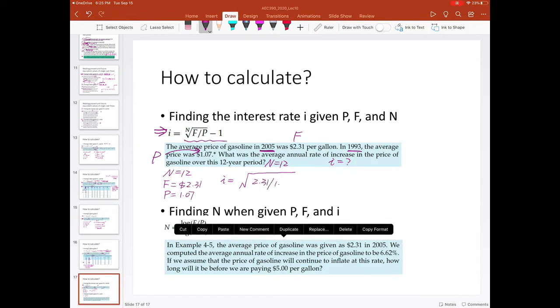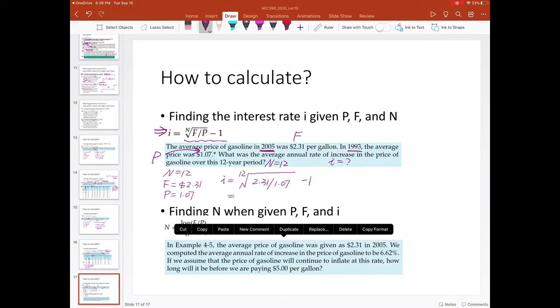It's 2.31 over 1.07 to the power of, well, it's not negative 12, it's 1/12. That's the root, okay? Minus 1.